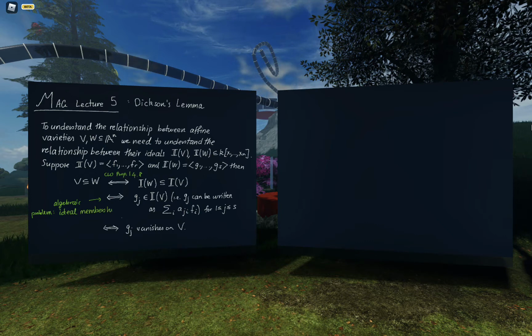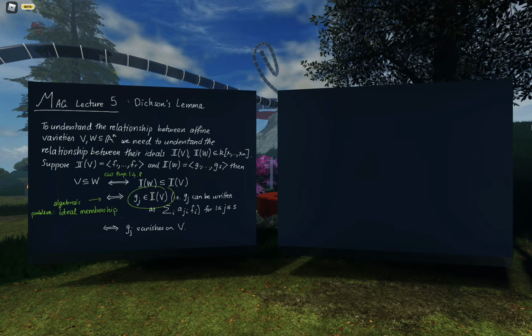So I want you to imagine that you've got the generators for IV and IW already. The question of how to find those for your given variety of interest is a separate problem. So suppose you have those generators and you want to check that V is contained in W. Well, you just have to check this. But how on earth do you do that in some algorithmic way? How do you tell if a given polynomial belongs to a given ideal?